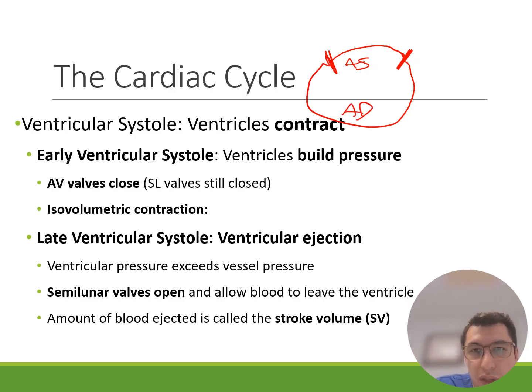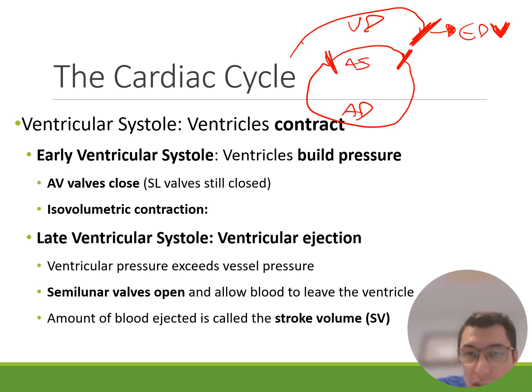Now, your ventricular dilation also ends with the end of atrial systole. Now, the volume that is within your ventricles at the end of the systole is called end diastolic volume.